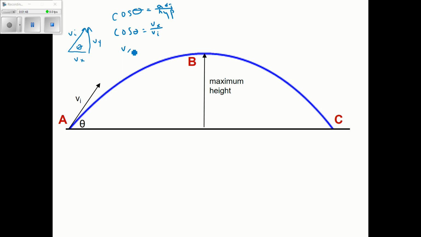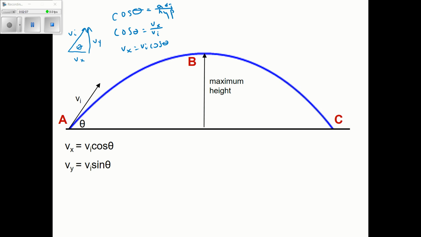So Vx equals Vi cosine theta. I could do that for the y part of the velocity, and I use sine, and I end up with these two formulas. Vx equals Vi cosine theta, and Vy equals Vi sine theta.